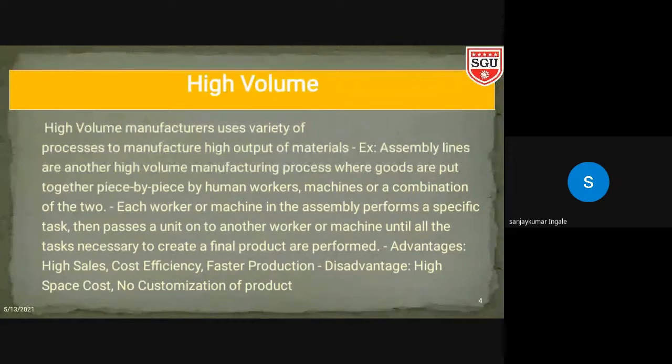Each worker and machine has a special task. After the task is complete, they pass it to another worker or machine until the task is completed.